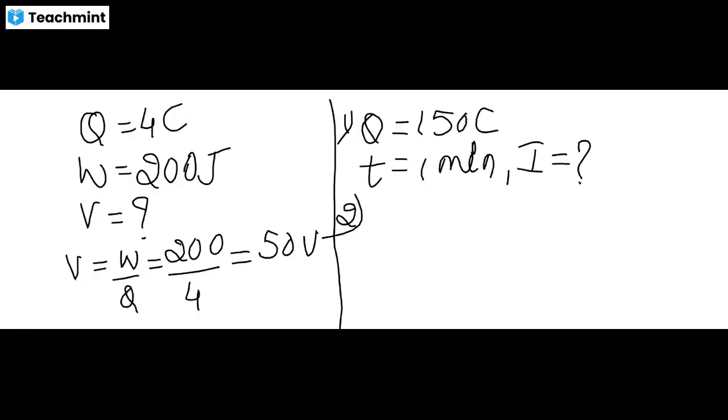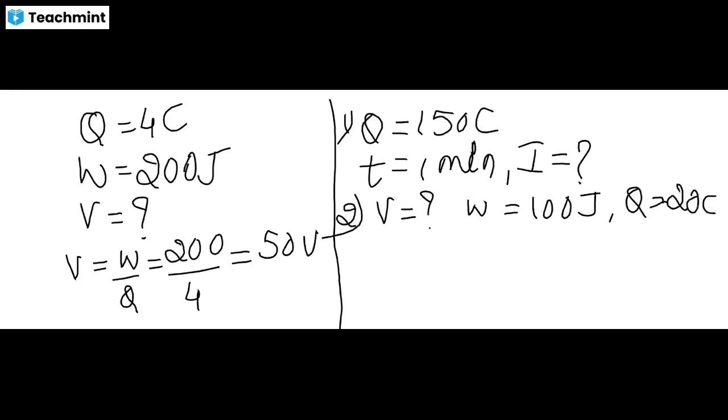Next question. Calculate the potential difference between the 2 points where 100 joules of work is done to transfer a charge of 20 coulombs.